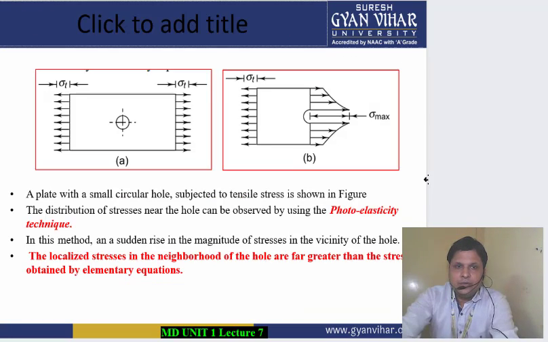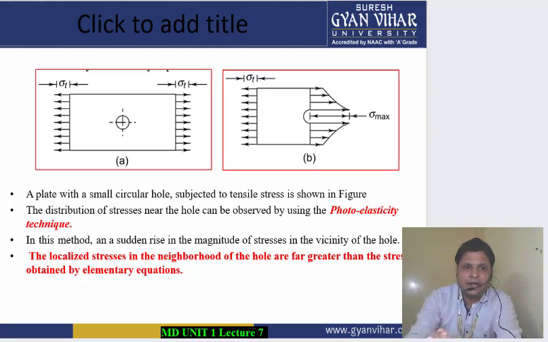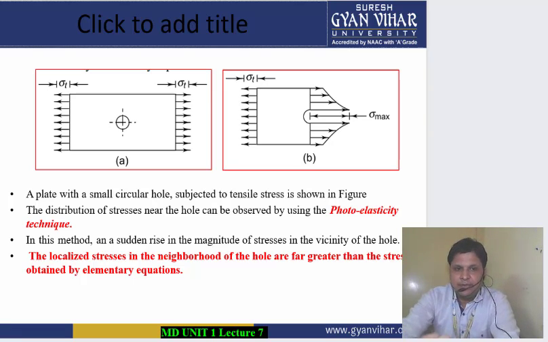Now, as you can see in this diagram, a plate with a small circular hole subjected to tensile stress is shown. The distribution of stresses near the hole can be observed by using the photoelastic technique. In this method, an identical model of the plate is made of epoxy resin.